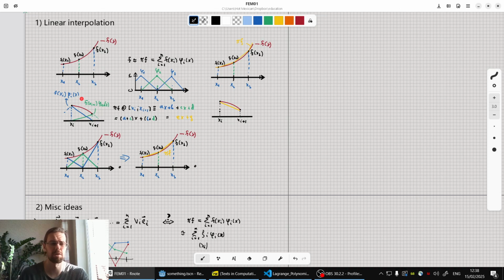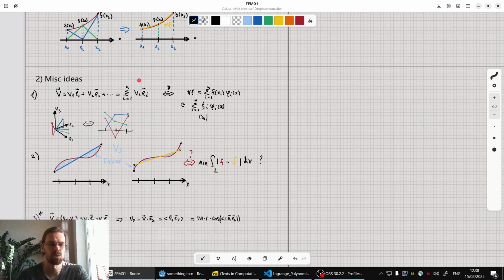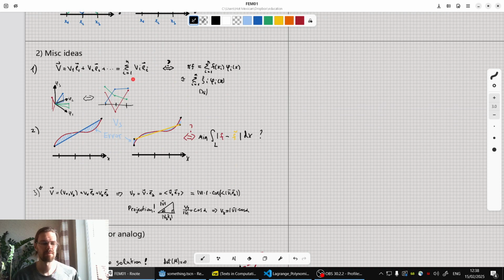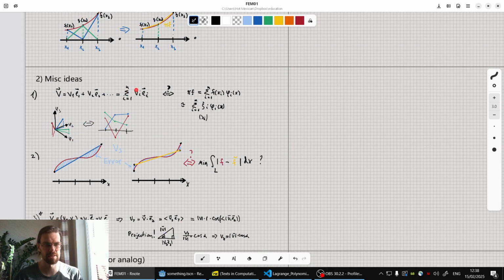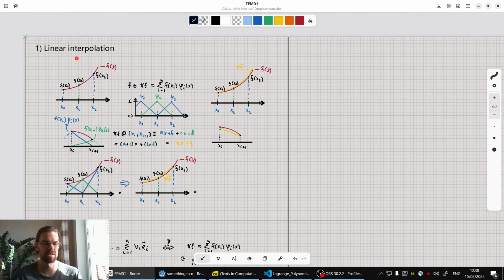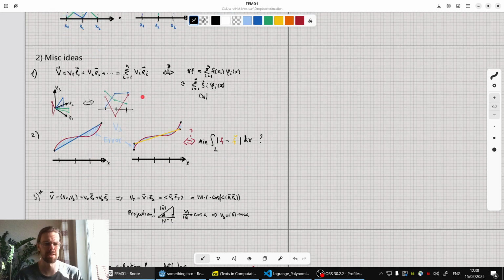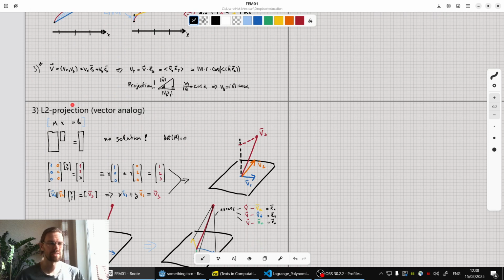We will cover only one topic here, but I will try to introduce some ideas gradually, so the flow is acceptable and it's easier to understand, even if it doesn't make sense at the point when I'm explaining it. In general, we will discuss linear interpolation, which is the basics, a few ideas, and then we will discuss the topic of this lecture video, L2 projection.